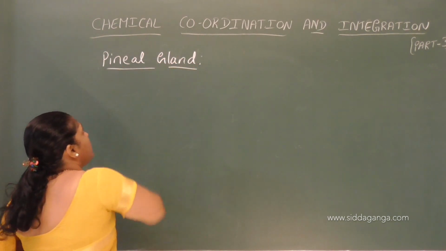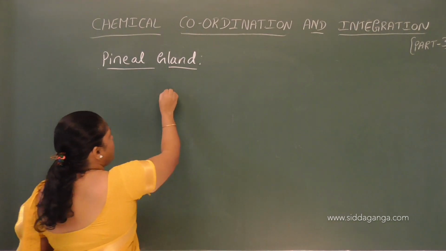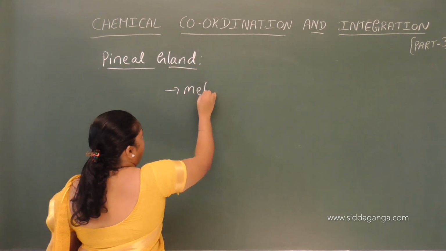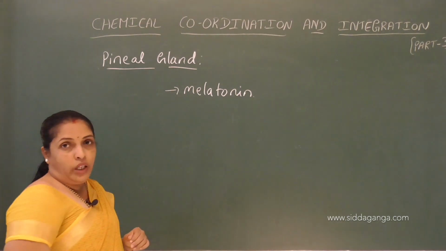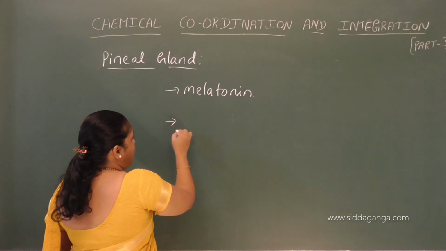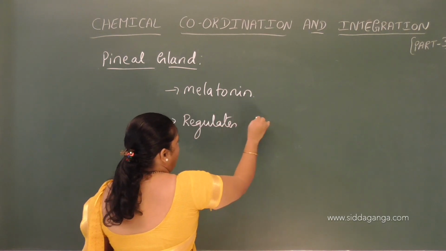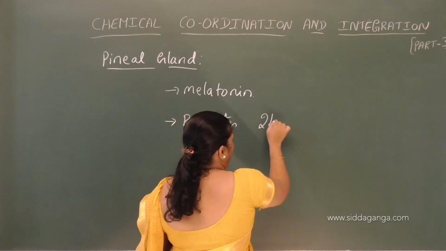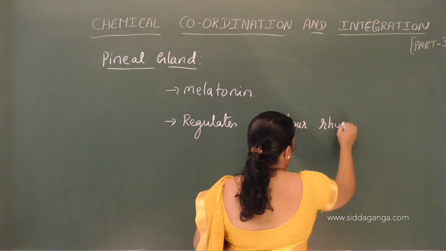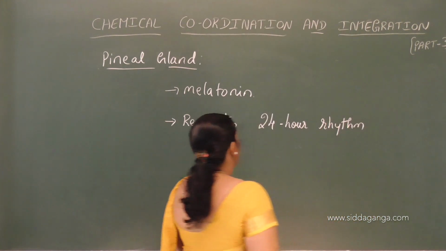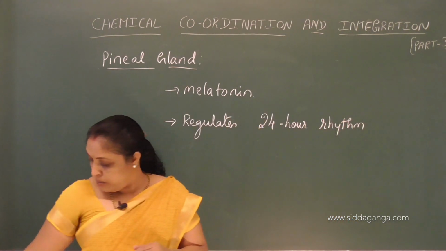It is present in the dorsal side of the forebrain. It produces a hormone called melatonin, which regulates the 24-hour rhythm, that is the diurnal rhythm of our body.